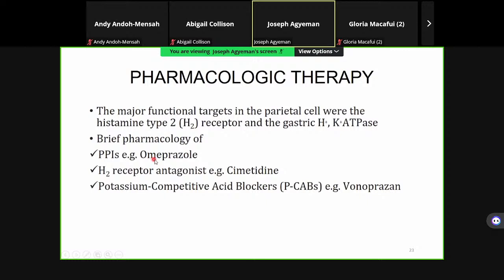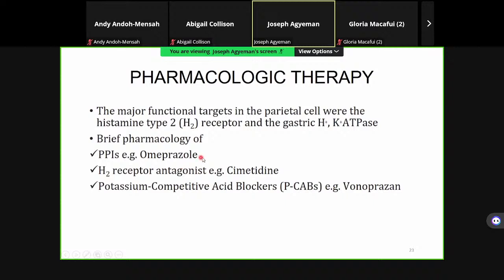And even in Japan, the Japanese Society of Gastroenterology says that this class, to some extent, works better than the PPIs. They prefer a triple therapy that contains vonoprazan to esomeprazole or omeprazole. They are comparable, but this class has the advantage of a quicker onset of action as compared to the PPIs.